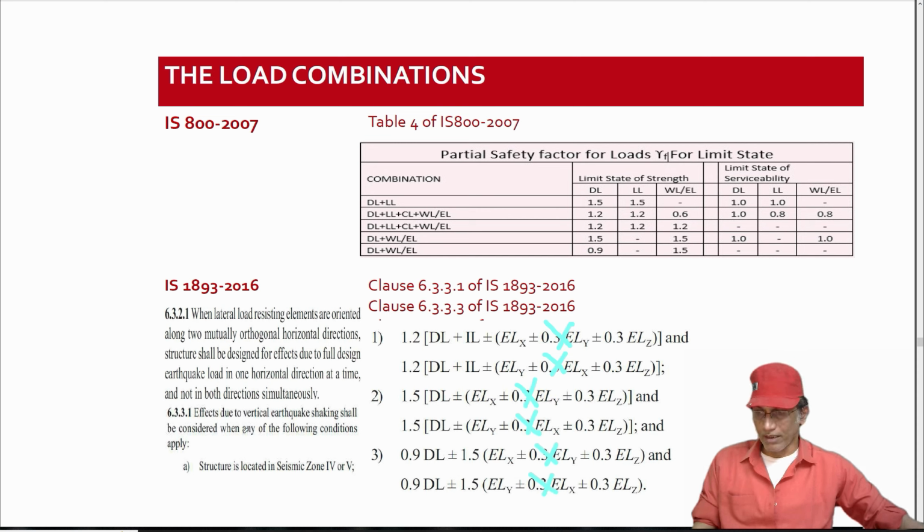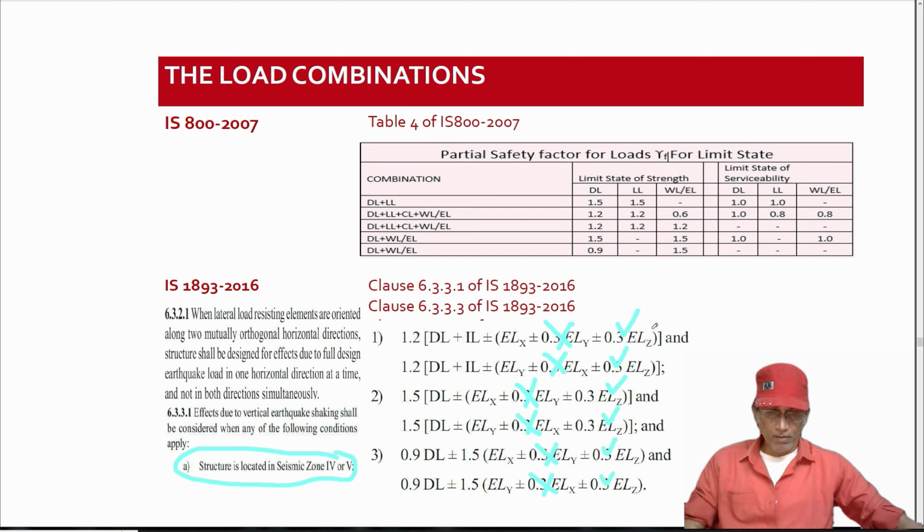Now there is another clause which says that the earthquake effect due to vertical earthquake shaking shall be considered when any of the following conditions apply. For building structures, 6.3.3.1a is most important. It says that when the structure is located in seismic zone 4 or 5, we need to consider these 6 cases for our building.